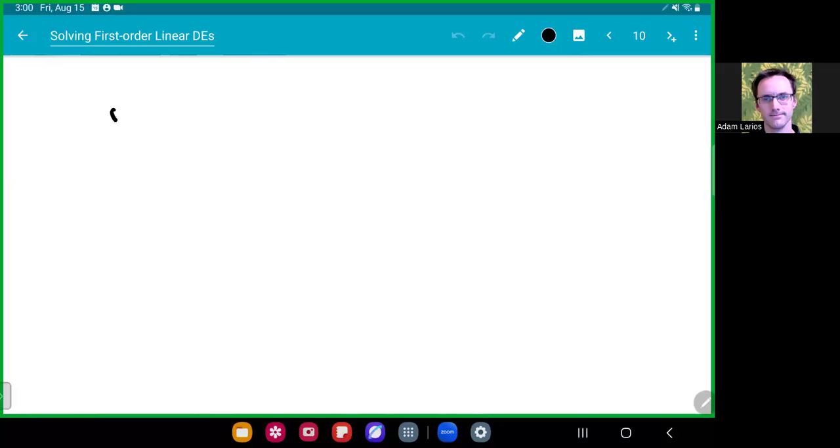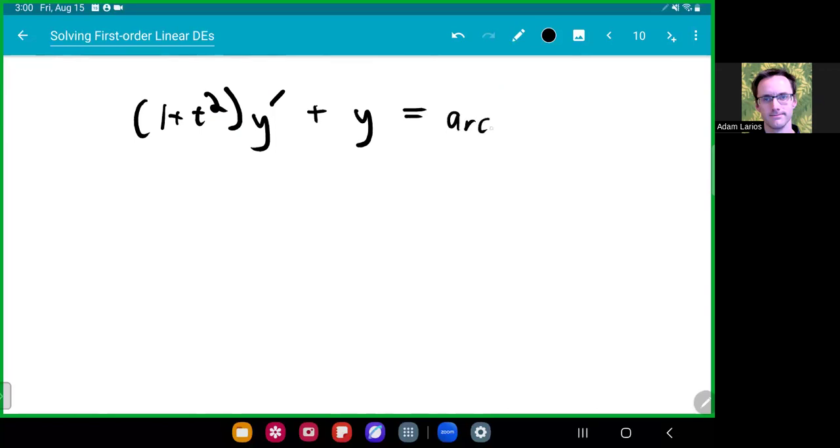So yeah, let's try this one. So y prime plus 1 over, actually, let's do something like, say, 1 plus t squared y prime plus y equals the arctangent of t. Let's try something like that. Actually, you know what? I'm going to make this maybe just a little bit simpler.